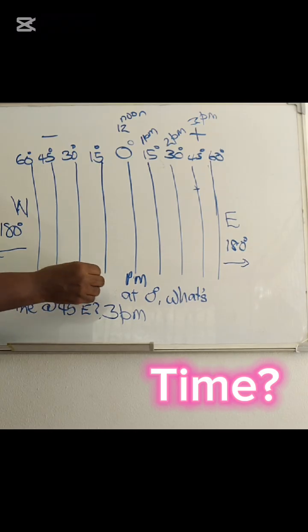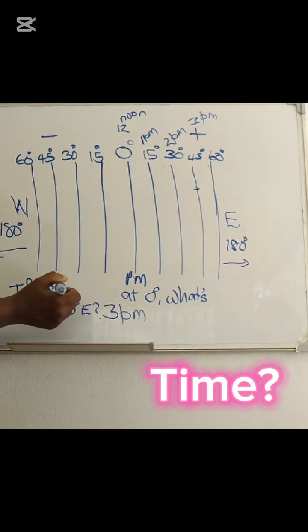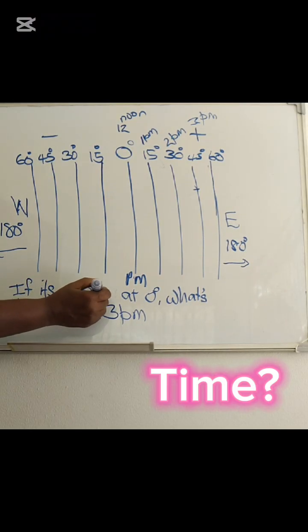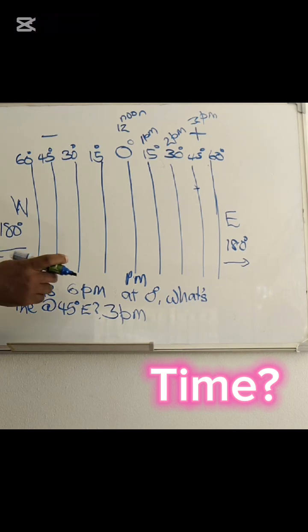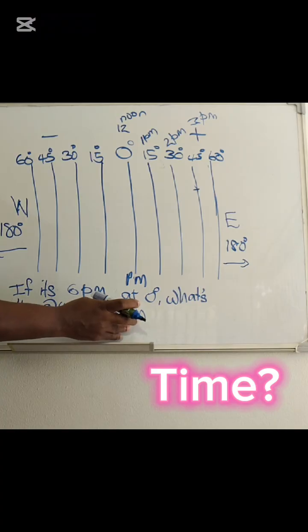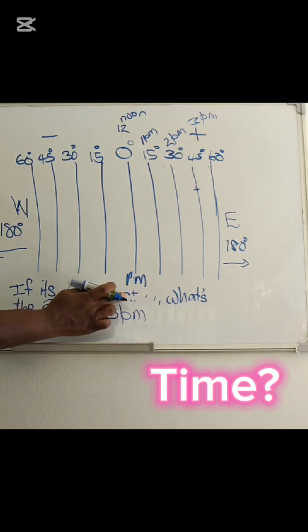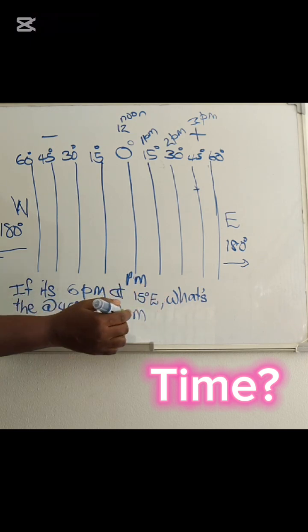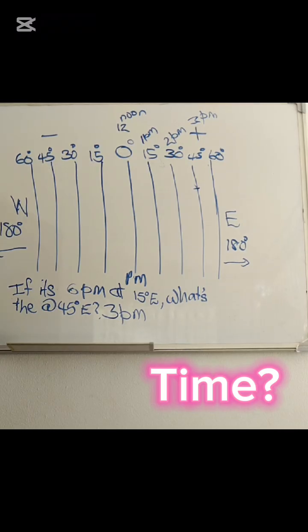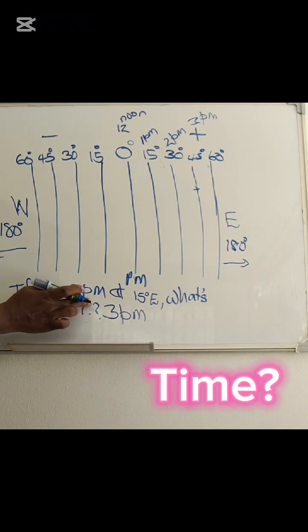If it's 6 p.m. at 15 degrees east, what's the time at 45 degrees west?